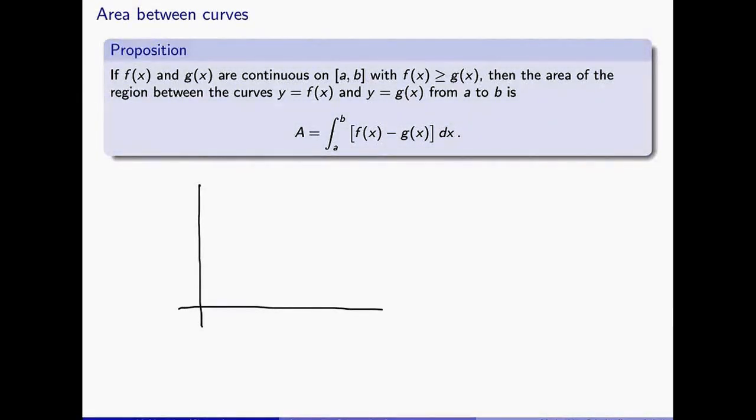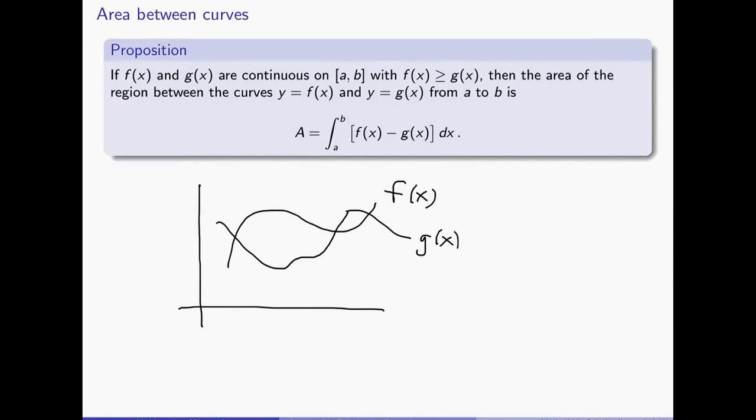Let's suppose this is f of x, and let's suppose g of x looks like that. And then on this region, a and b, notice that f of x is greater than or equal to g of x on a, b.